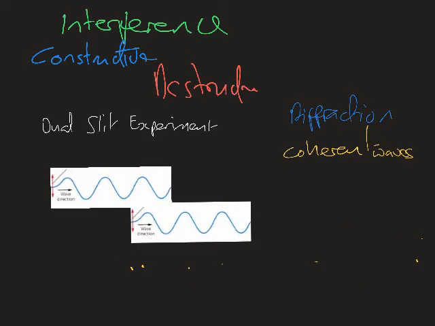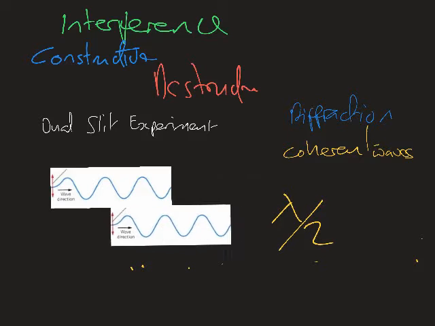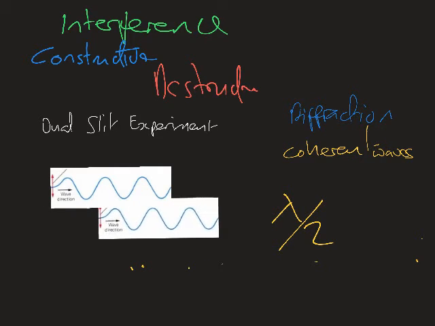So let's have a look at what happens if we end up with a lambda over 2 shift between the waves. Let's put that up there. Lambda over 2. This is a different situation. You can see now, I'm going to do the shift. If I make it lambda over 2, it means they're kind of in antiphase with each other.